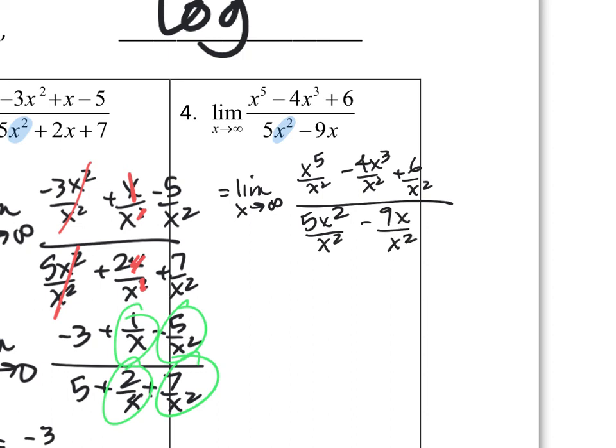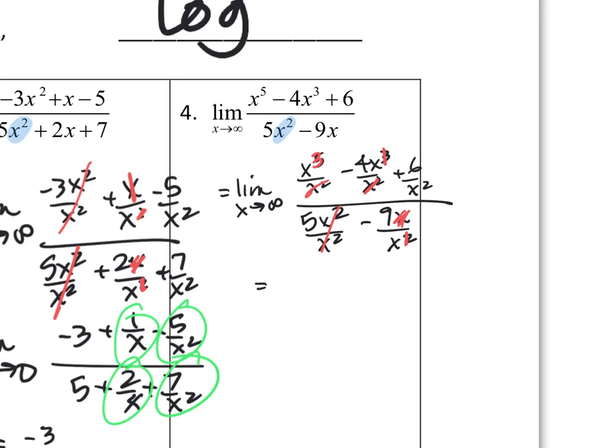So when we simplify this out, this ends up being a 3. This ends up being a 4x to the 1. The 6 does not change. That goes to 1. This ends up being just an x in the denominator.